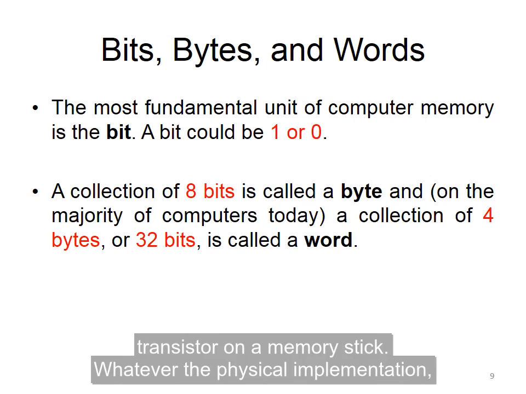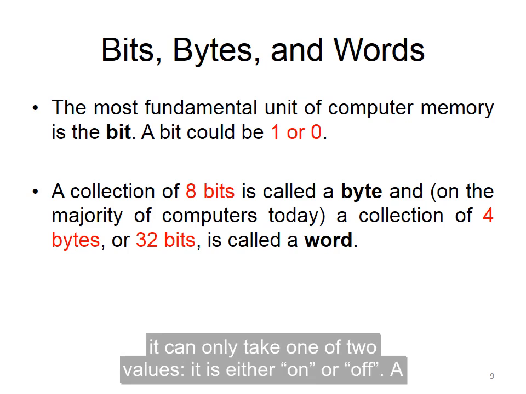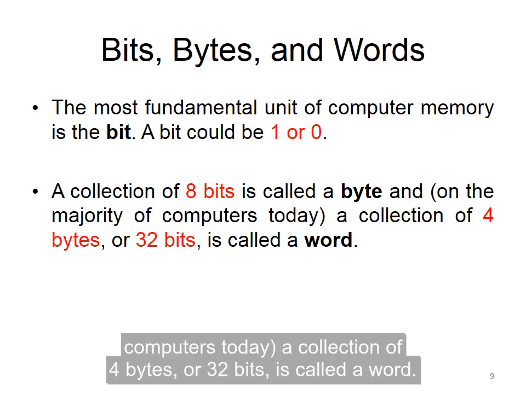Whatever the physical implementation, the important thing to know about a bit is that, like a switch, it can only take one of two values. It is either on or off. A collection of 8 bits is called a byte, and in the majority of computers today, a collection of 4 bytes, or 32 bits, is called a word.